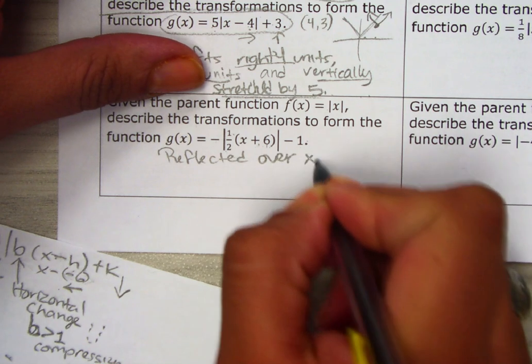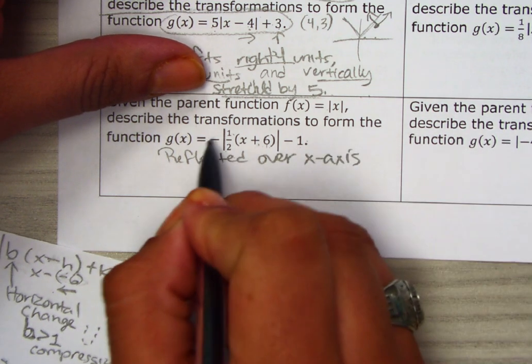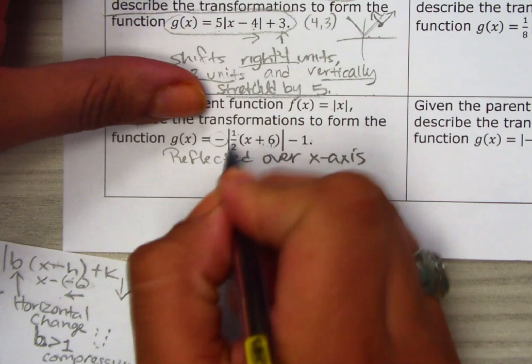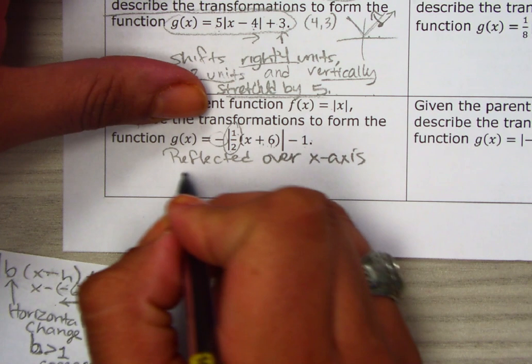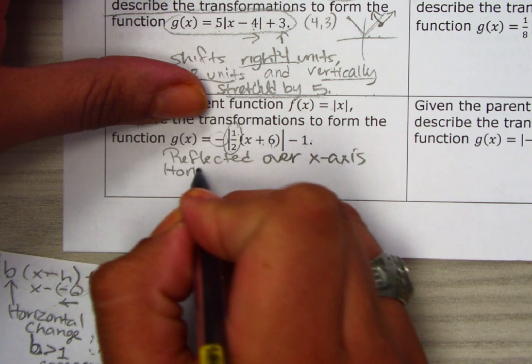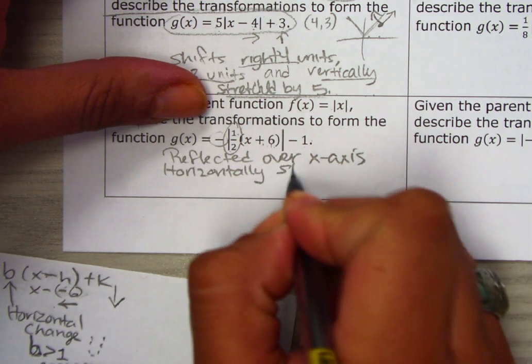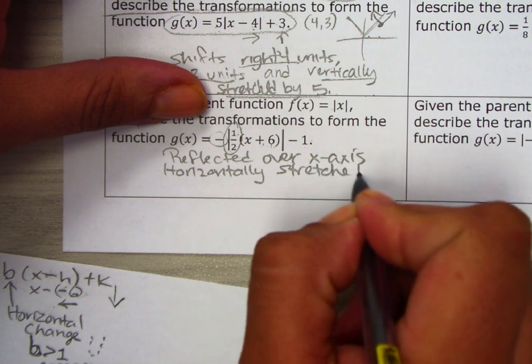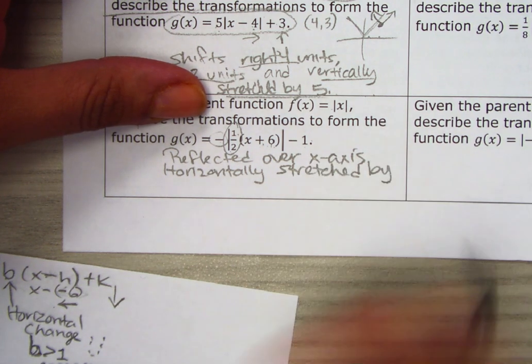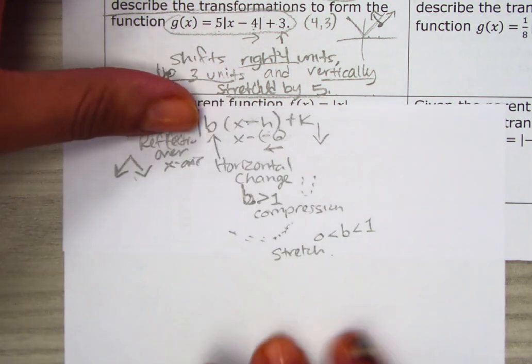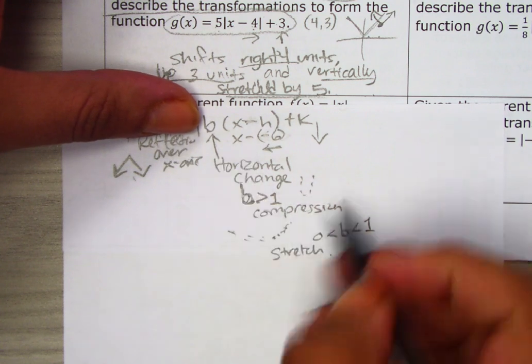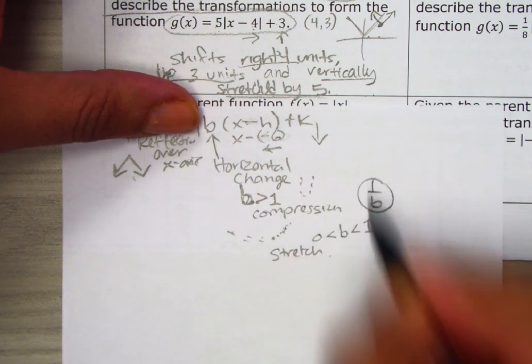over the x-axis, and that negative right here showed you that. The 1/2 showed you that it horizontally stretched. And then for the scale factor of the B value, you're always going to do 1 over b as the scale factor.